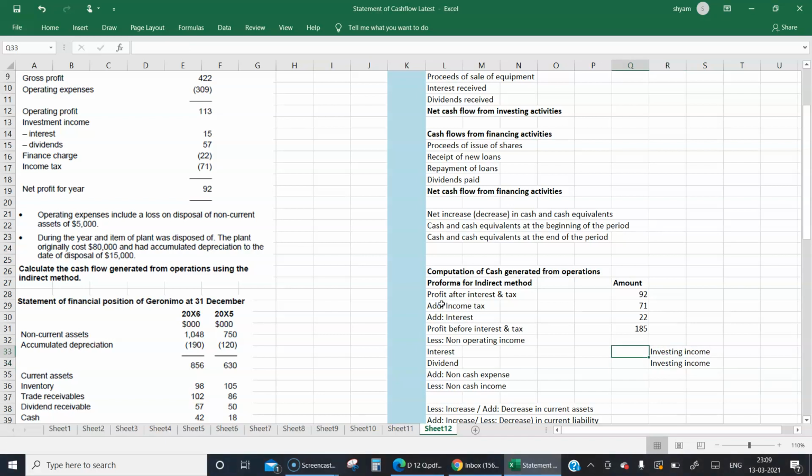So we have to less the interest 15 and the dividend 57.